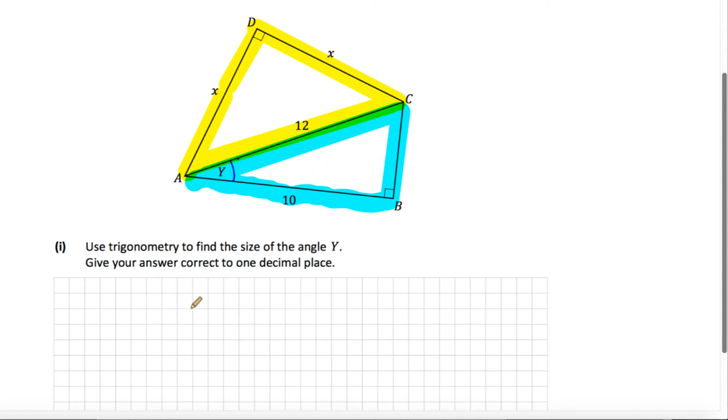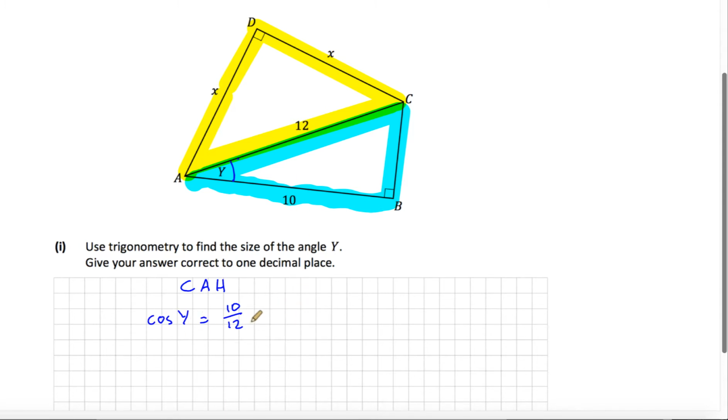So if you think about SOHCAHTOA, you've got the adjacent and the hypotenuse, so that's going to be cos. So the cos of the angle y is equal to the adjacent over the hypotenuse, which is 10 over 12. That's the adjacent there, and that's the hypotenuse.